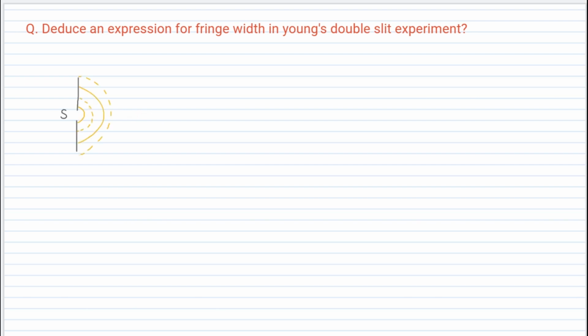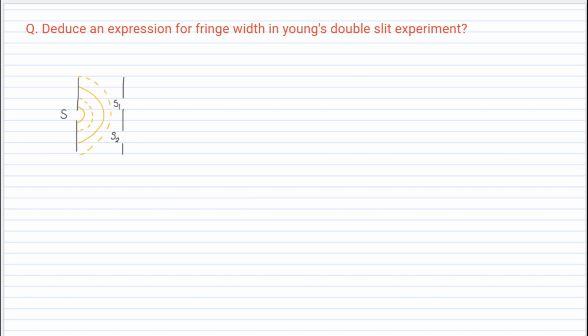As we know, light travels as a wave. So you have a crest, a trough, a crest, a trough. Now this light is made to pass through your double slit, that means two slits, your slit S1 and your slit S2.